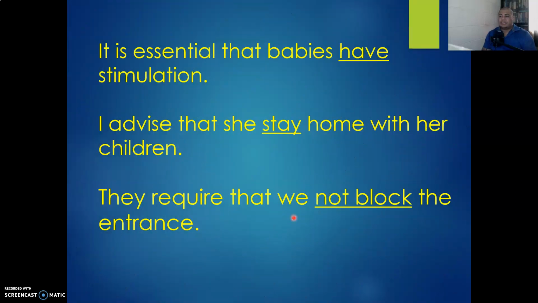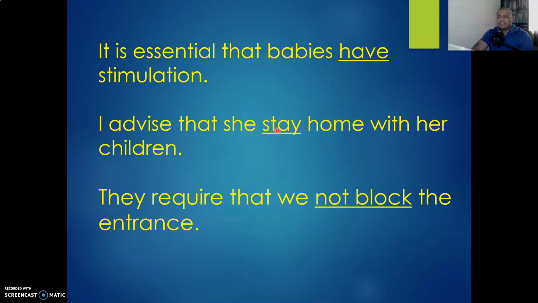It is essential that babies have stimulation. That's an example for you. In this case, it looks like we have a subject-verb agreement, but this is actually the subjunctive mood. The subjunctive mood has no subject-verb agreement. I can show you this with this other example.